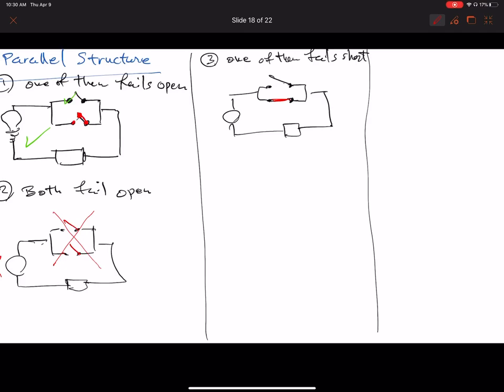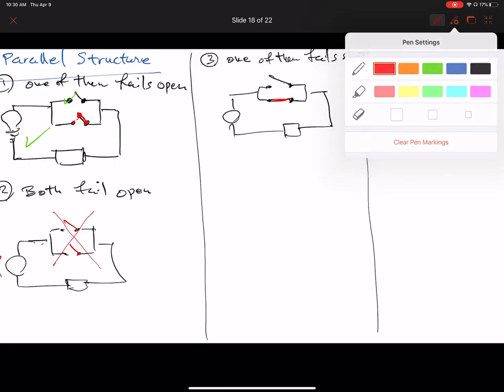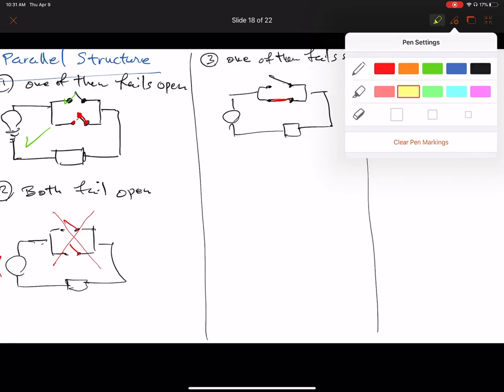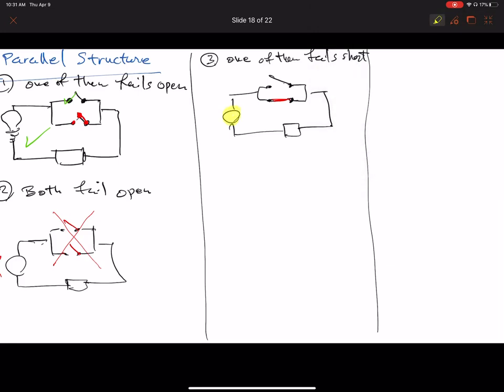So because the other one is stuck like that or has failed short, failed closed, you will always have the current go through the second one, which is failed. And that way, the battery will be always on. I mean, the light bulb will be always on until the battery is drained.